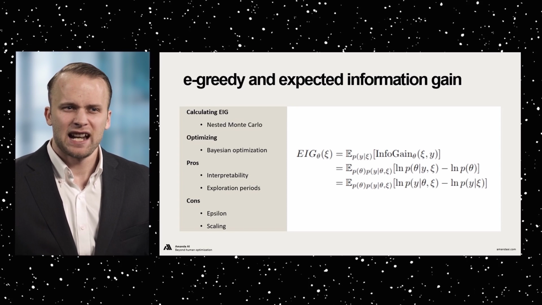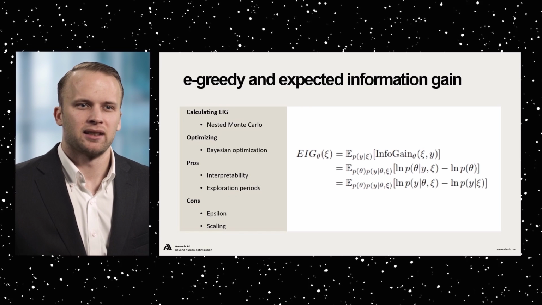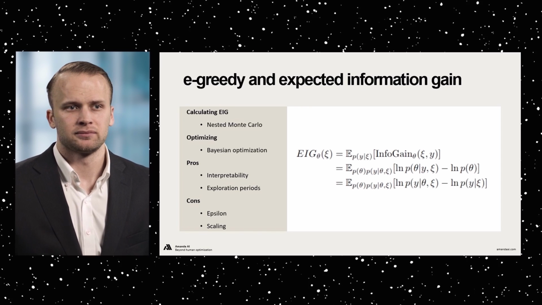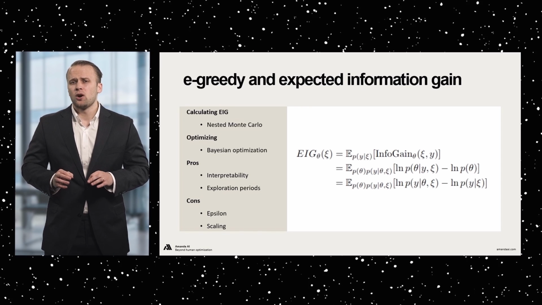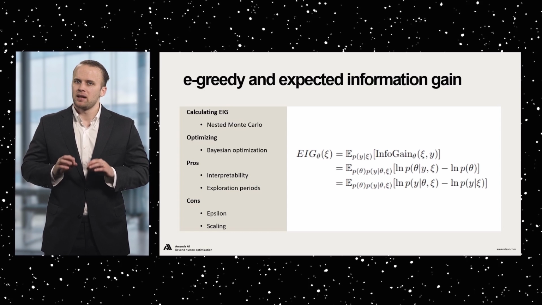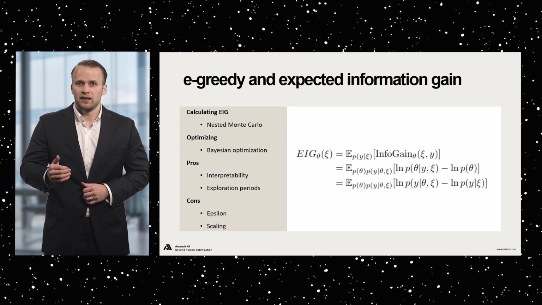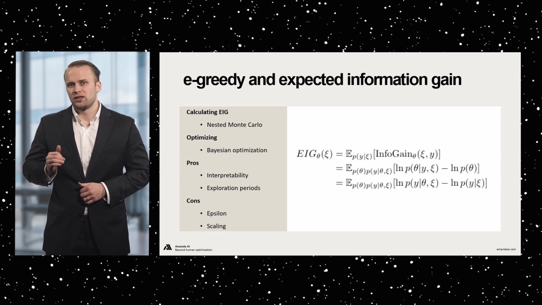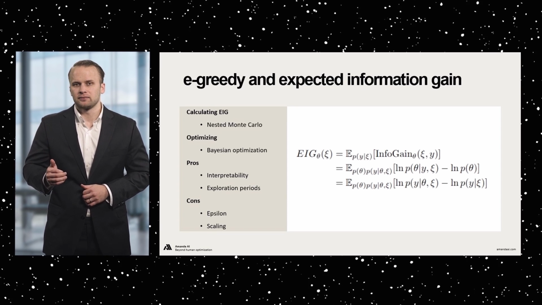However, finding the decision that maximizes expected information gain is difficult. First of all, solely evaluating the expected information gain, analytically at least, given a design xi, is intractable. And secondly, we're dealing with a continuous space of designs.